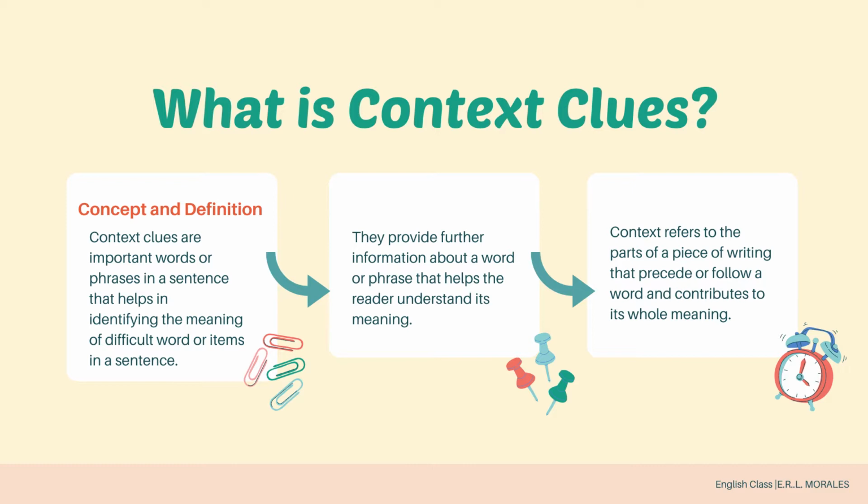Another one is that context clues refer to the parts of a piece of writing that precede or follow a word and contribute to its whole meaning. There are different types of context clues that will help you to get the meaning of the unfamiliar words. We will discuss it one by one.